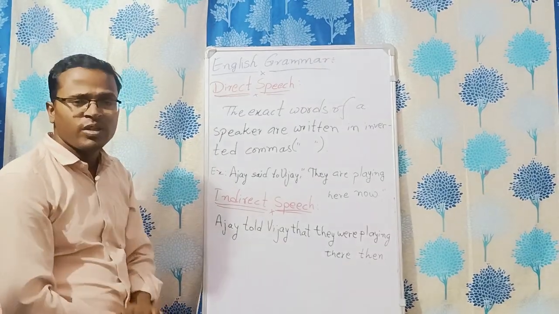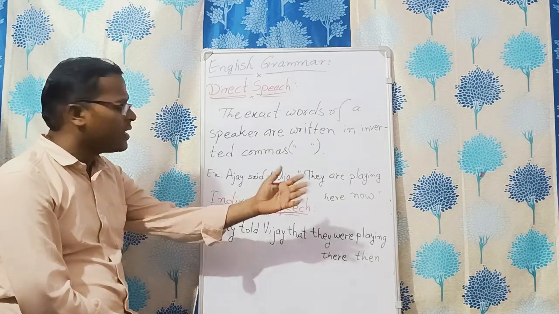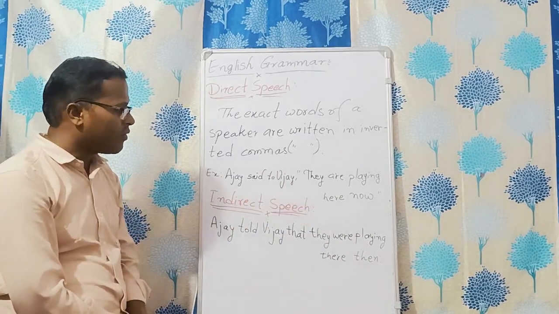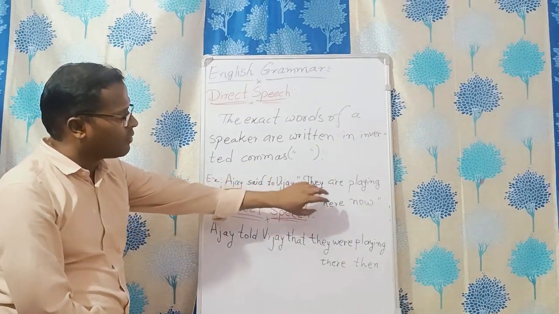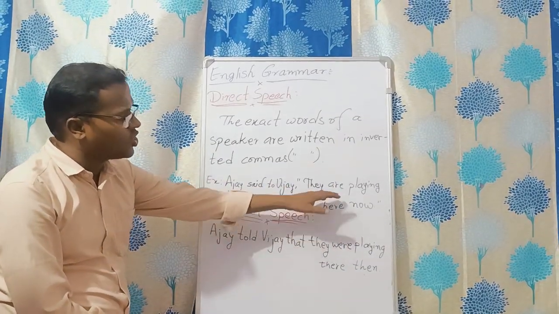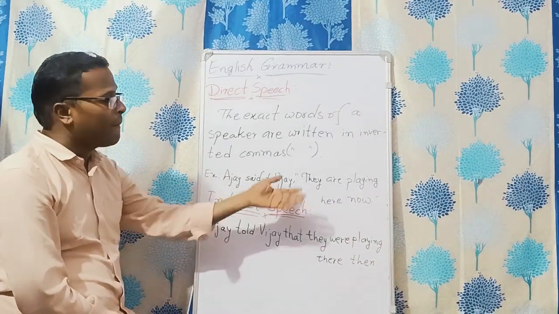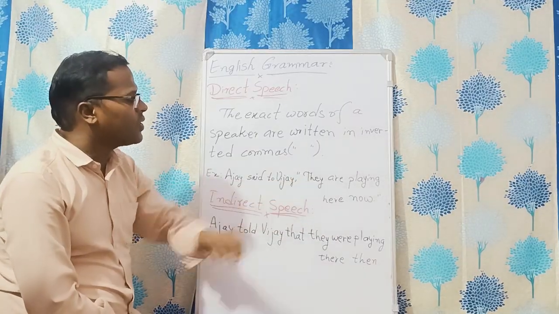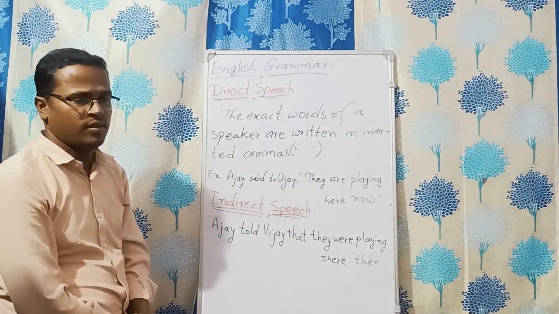In indirect speech, we don't use a comma and inverted commas. One more thing, whatever the reported verb is, it changes into another tense depending on back shifting. The present continuous tense will change into past continuous tense.